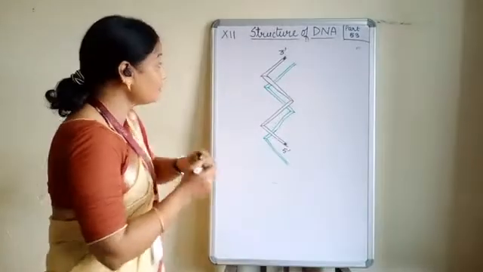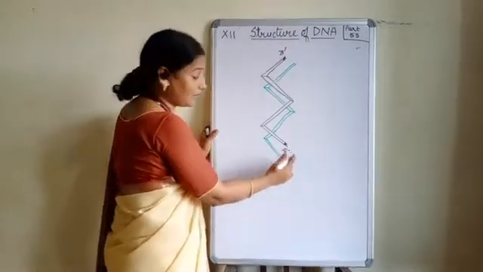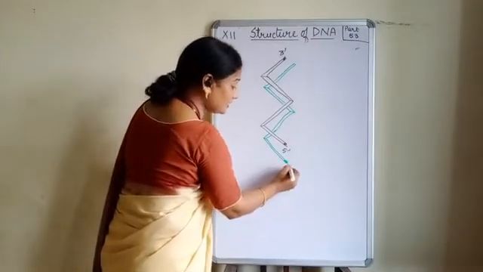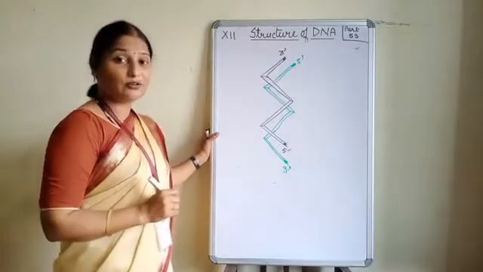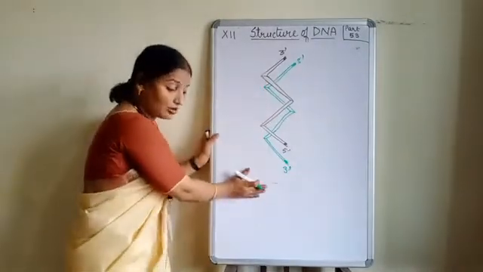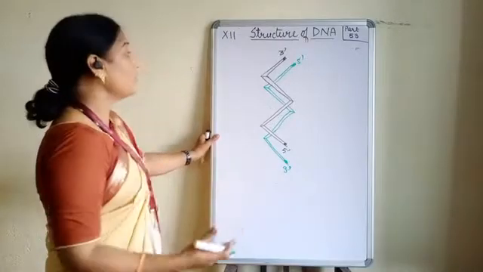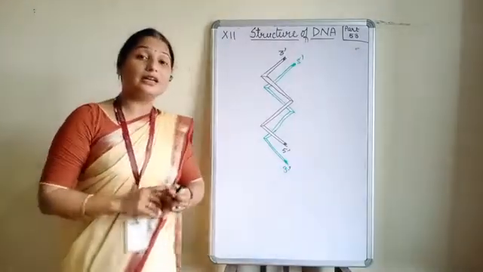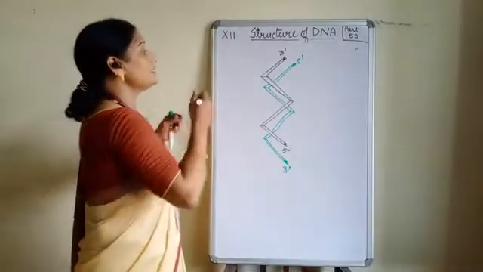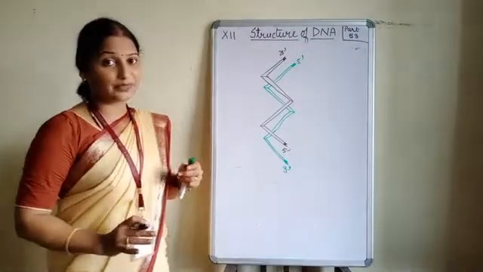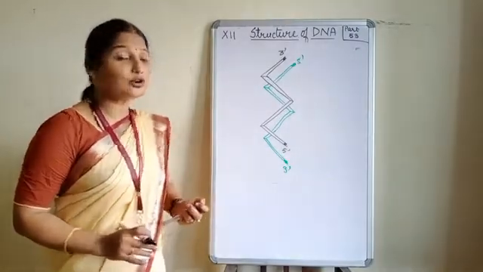Now it is anti-parallel. If this side 3 prime is free, then the other side 5 prime is free, and this side 5 prime will be free where the other side 3 prime will be free. So this is the double helical model of the structure given by Watson and Crick. Now, what Watson and Crick observed in this case, they took the diameter of this DNA.